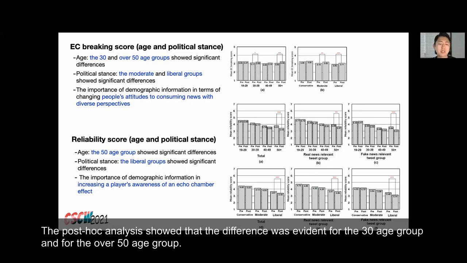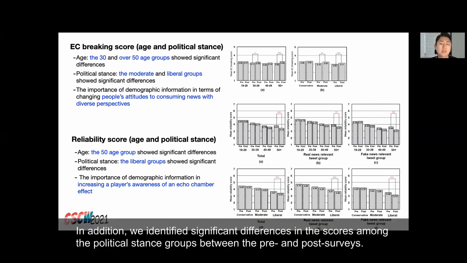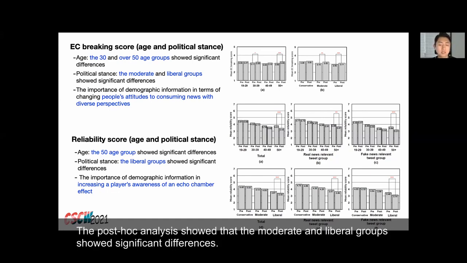The post-hoc analysis showed that the difference was evident for the 30s age group and for the over 50 age group. In addition, we identified a significant difference in the score among the political stance groups between the pre and post surveys. The post-hoc analysis showed the moderate and liberal groups showed significant differences.